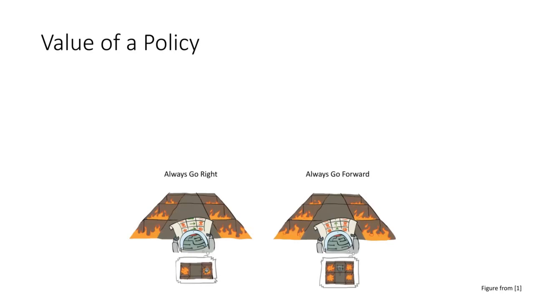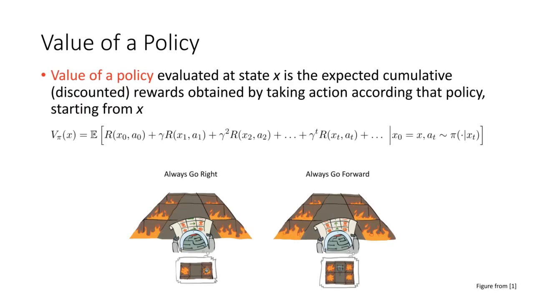So how do we compare two different control policies? What is a metric or what is a number that you're going to use to compare the two different control policies? That is called the value of the policy. So the value of the policy is defined in the following way.